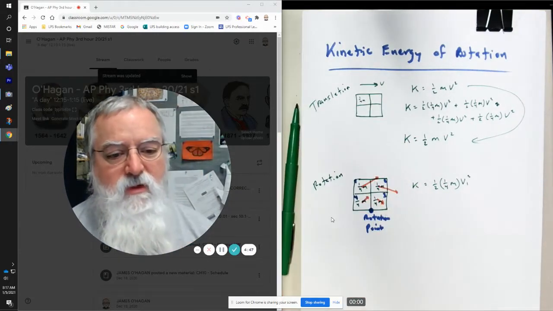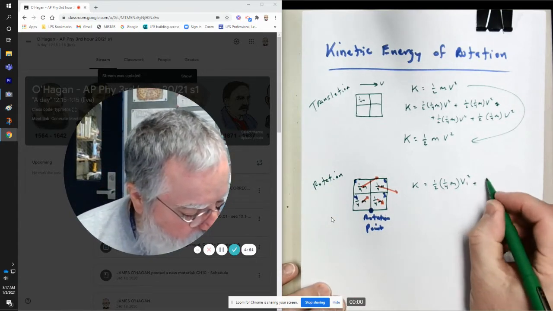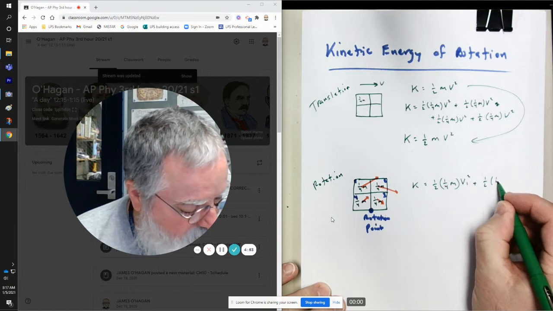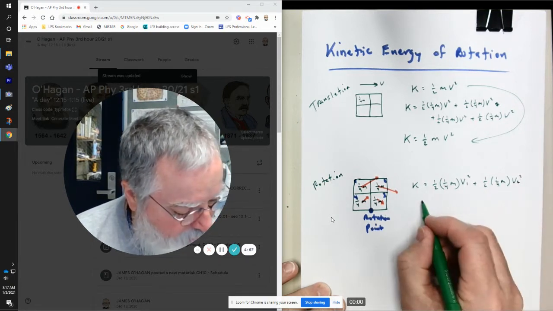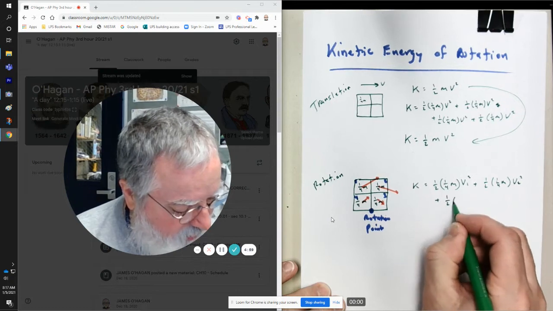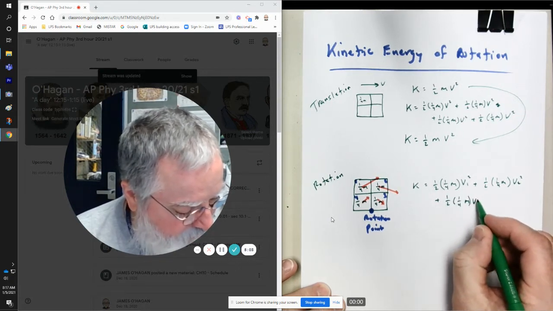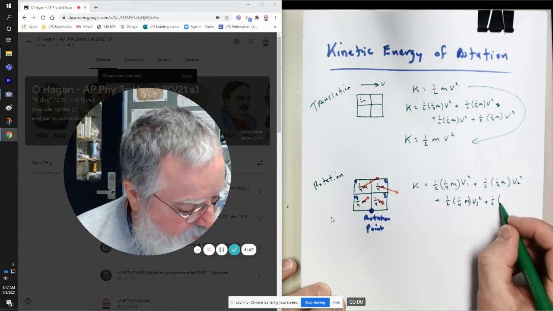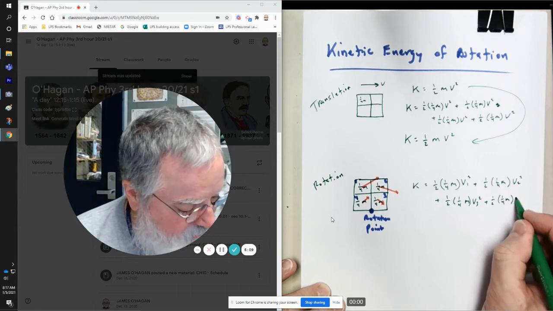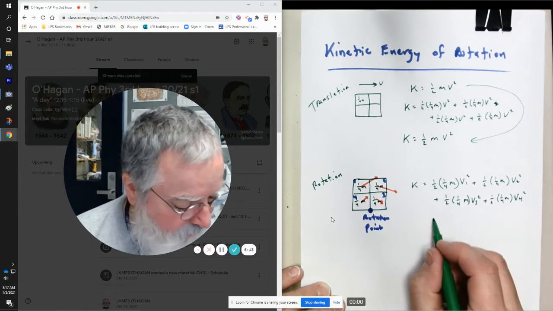I know you can't read those numbers, but you get the idea. Plus 1/2 times 1/4 m times v2 squared, plus 1/2 times 1/4 m times v3 squared, plus 1/2 times 1/4 m times v4 squared. And here's the deal.